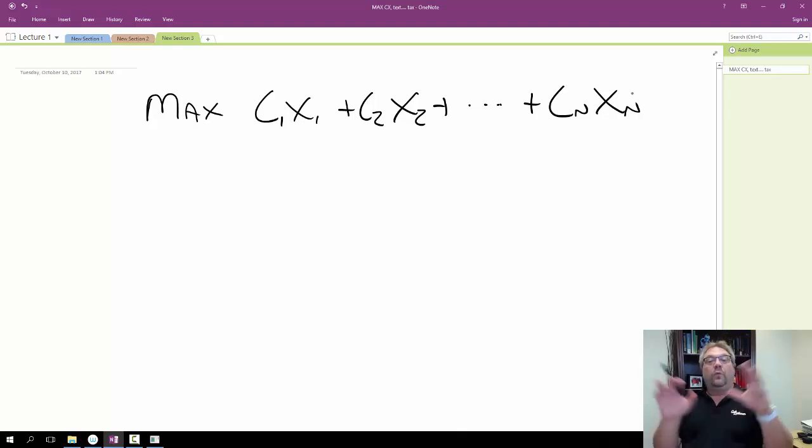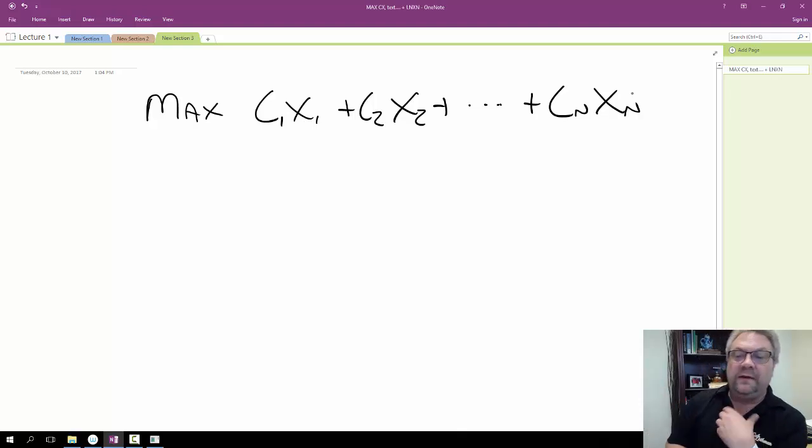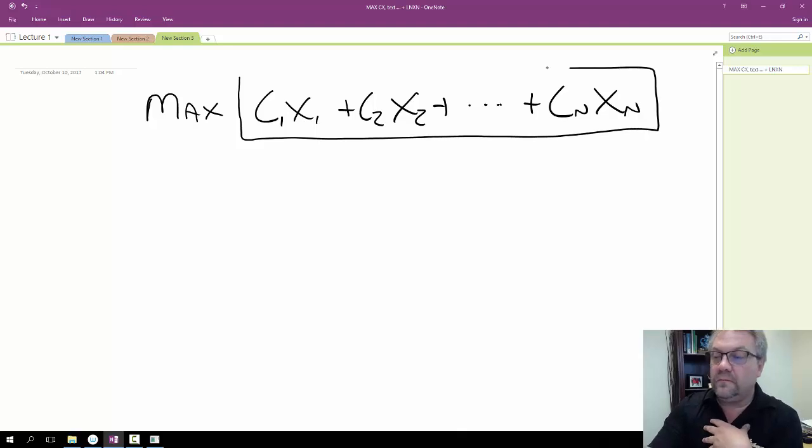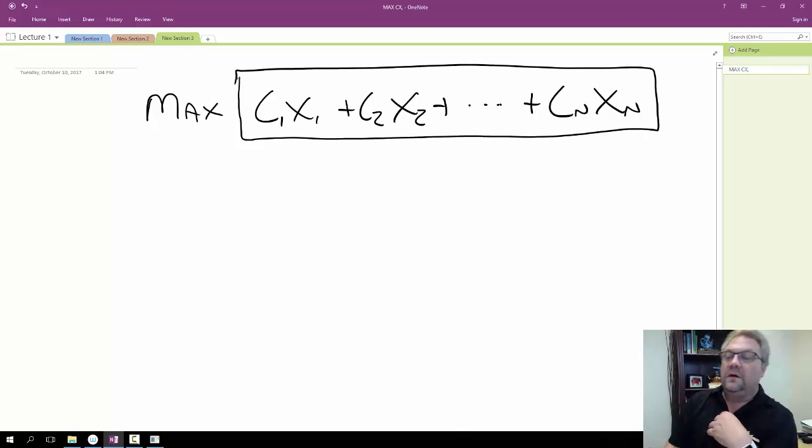Okay? So, why is this important? Well, first of all, whether it's profit or something else, this thing here I'll put a box around it. That is called our objective function. So this is the function that we are trying to either maximize or minimize, all right?